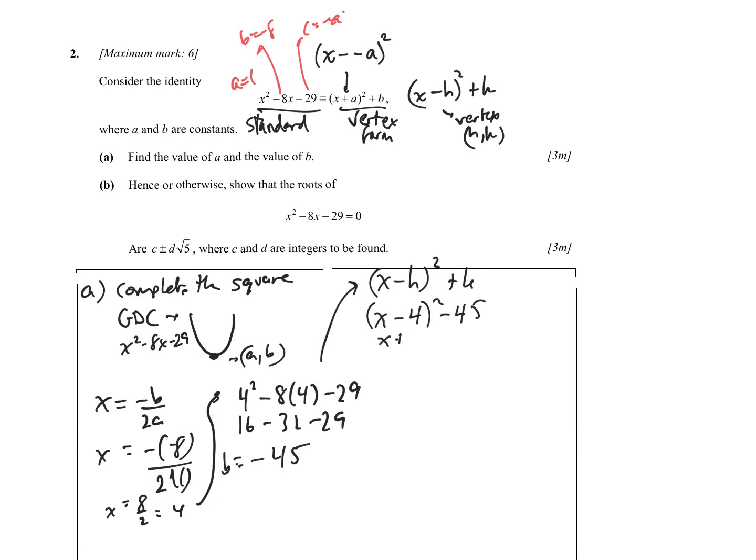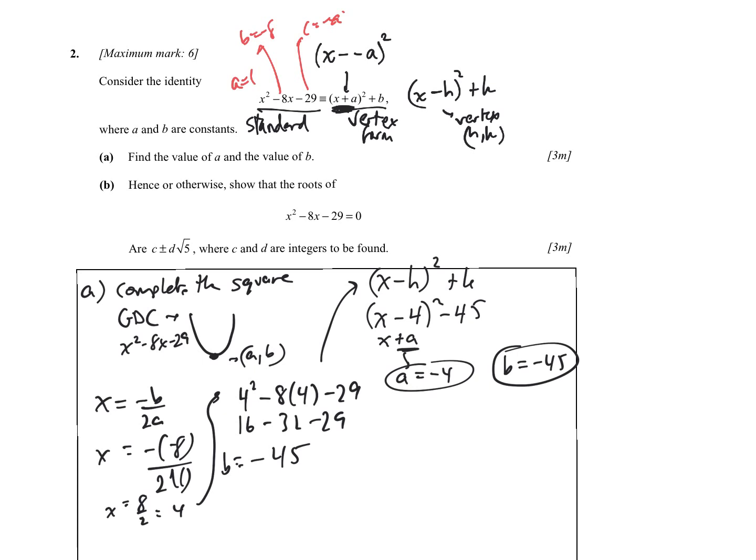So if this is x plus a, then in actual fact, a equals negative 4, and b equals negative 45. So unfortunately, that's an added trick with the way in which the form of the equation is written. We're normally used to minus, so essentially you need to record that a is equal to negative 4.